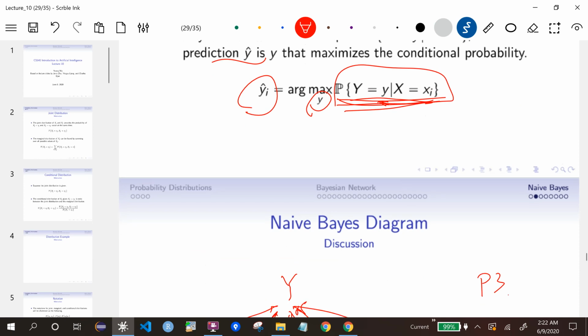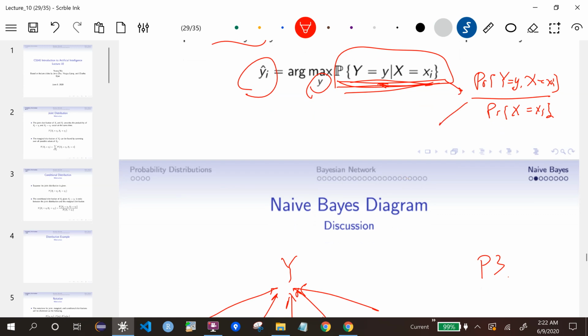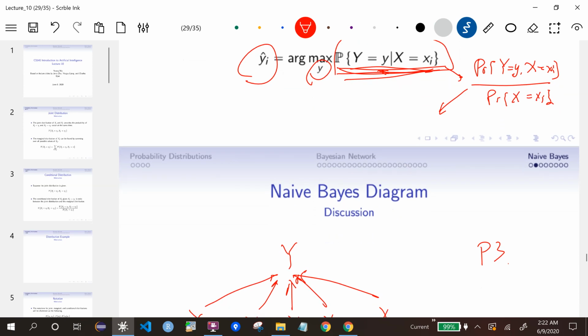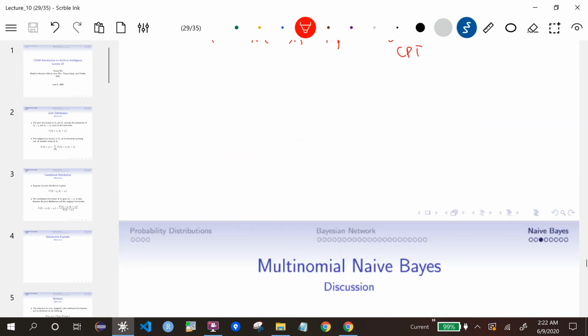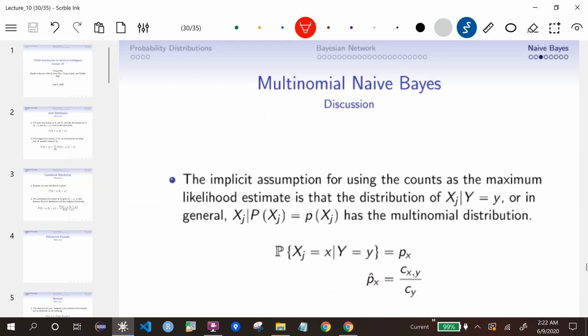And remember, you need to compute this as y and x divided by x. If you expand this the same way as I did, as the product of multiple things, you can see that this is something called Bayes' rule, and it's cool.